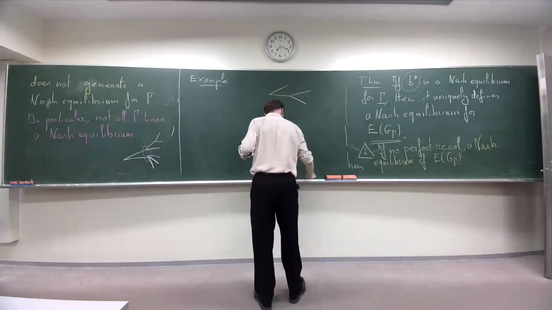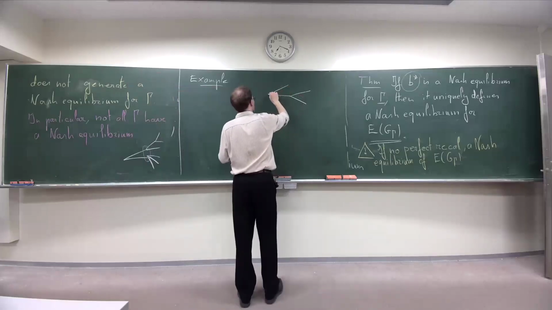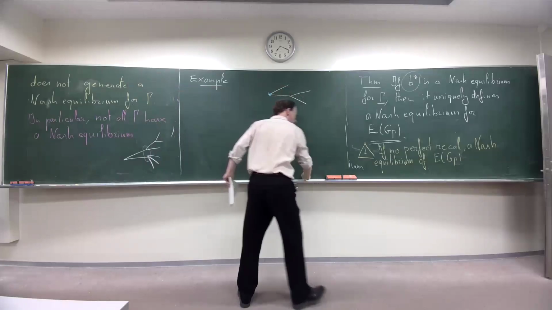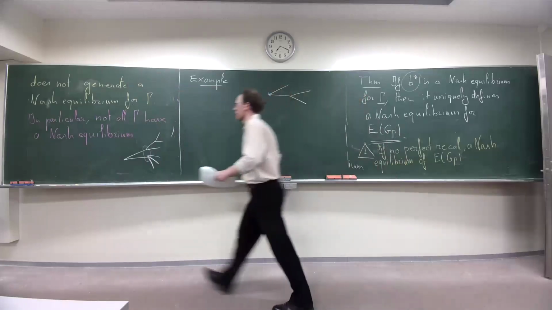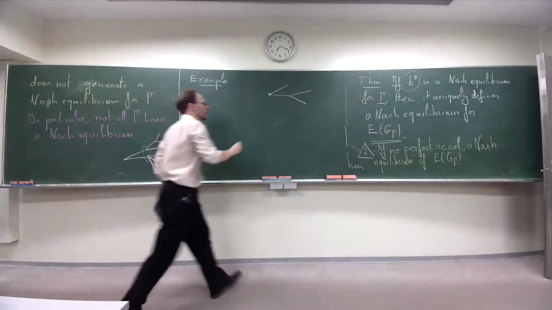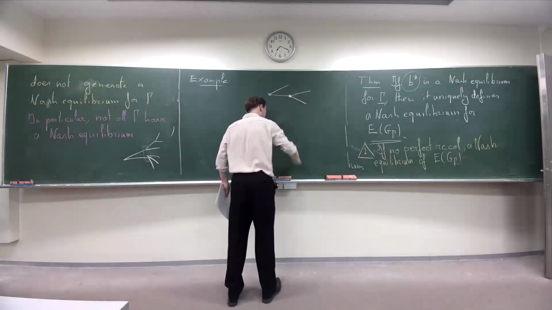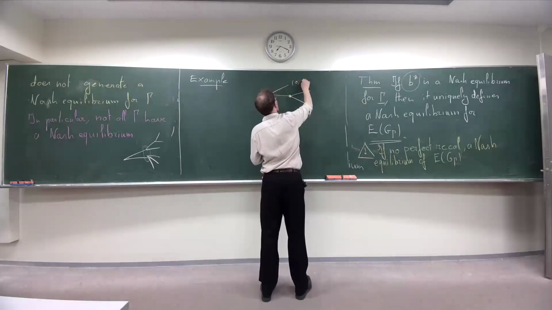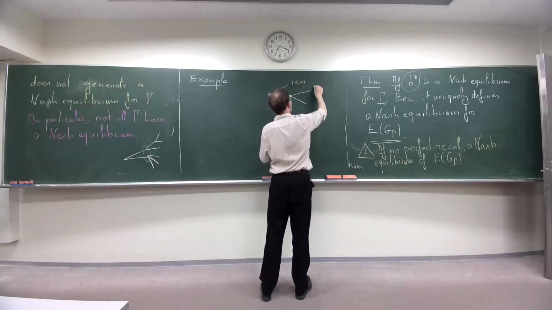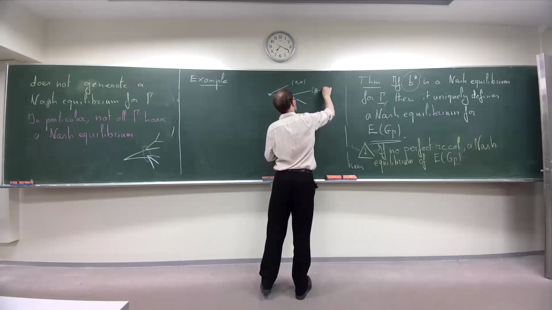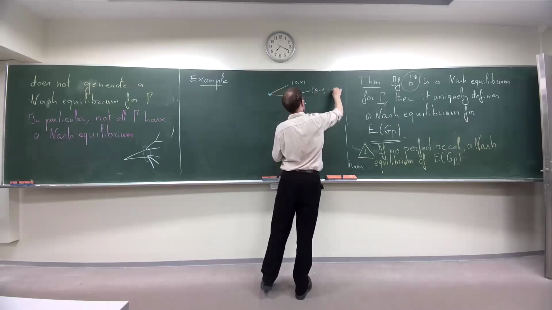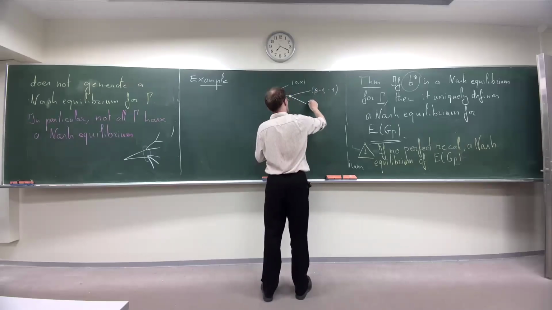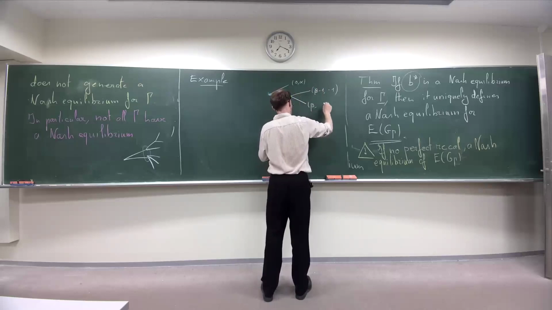So there are two players. And we have the payoff function 0, alpha, beta, -1, -1, beta, 0.